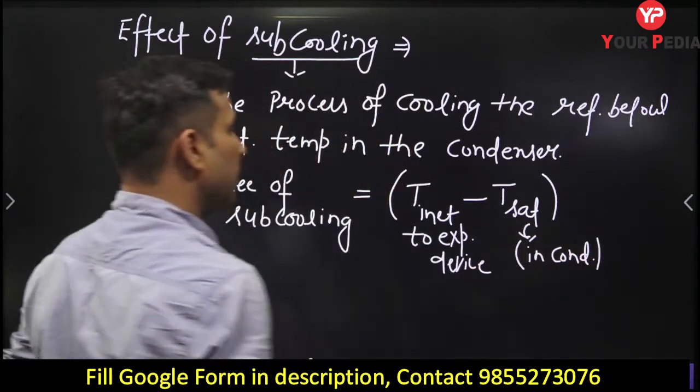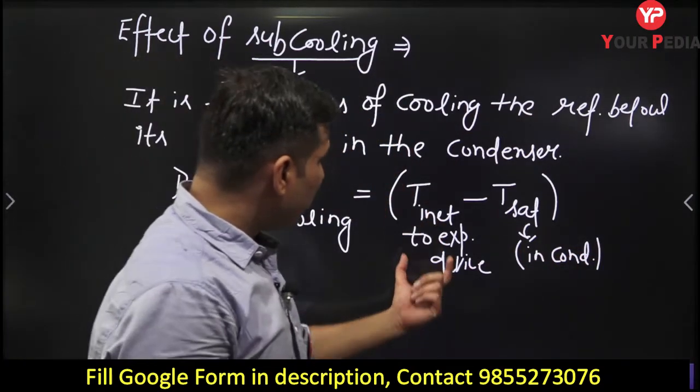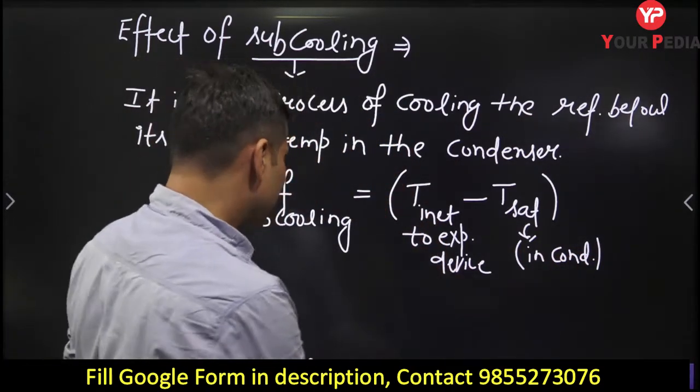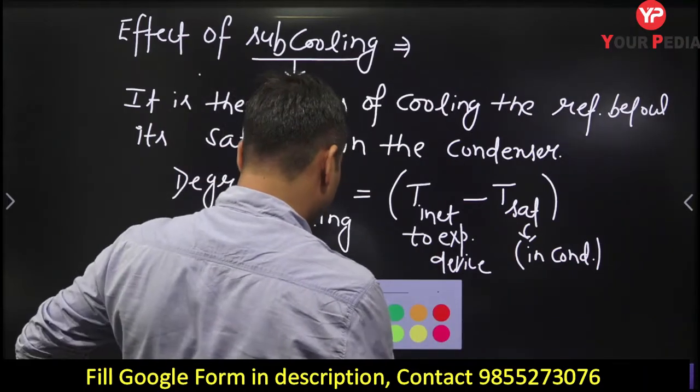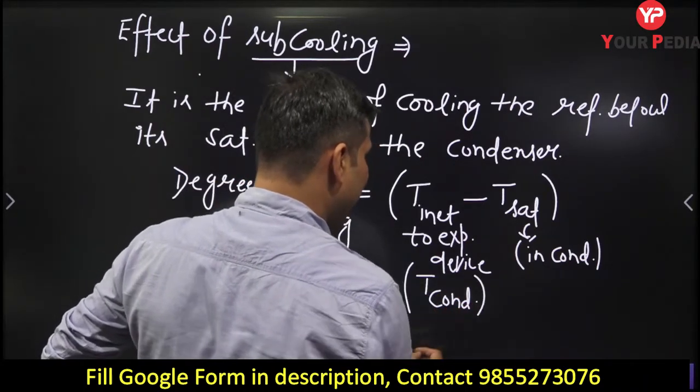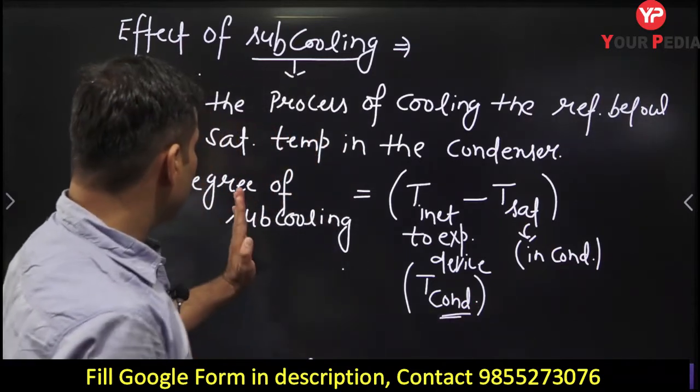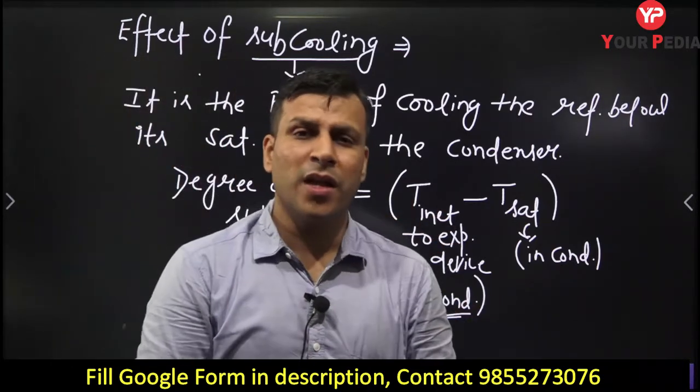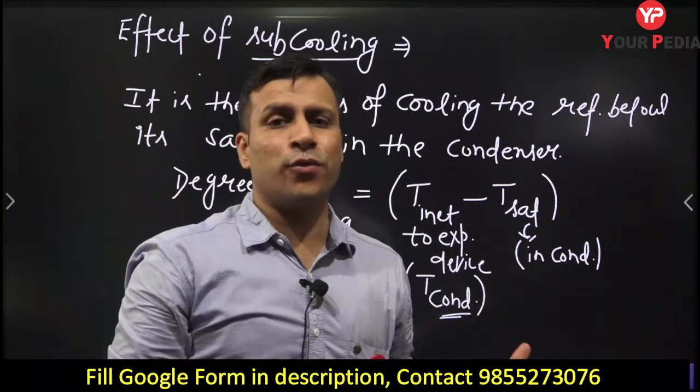Most of the cases this is the condenser exit temperature only, because we can carry out the subcooling in the condenser also, because that subcooler is actually a part of the condenser.